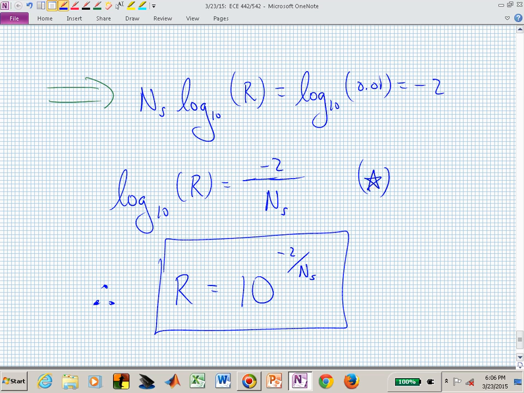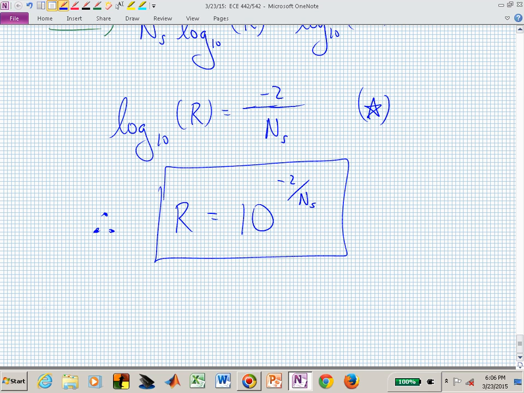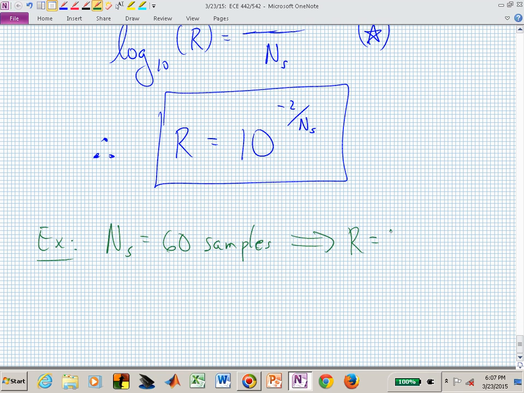As a number, suppose that somebody says, I want my system to be decayed in 60 samples. That now says that capital R, or the radius you want your closed loop poles to possess, is now 10 to the -2 over 60.